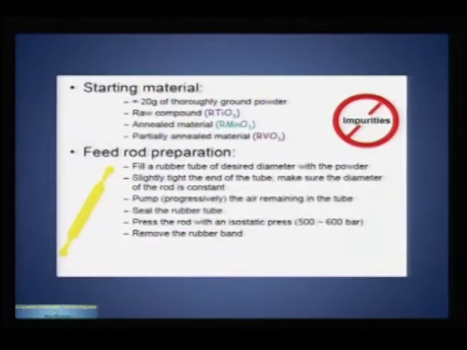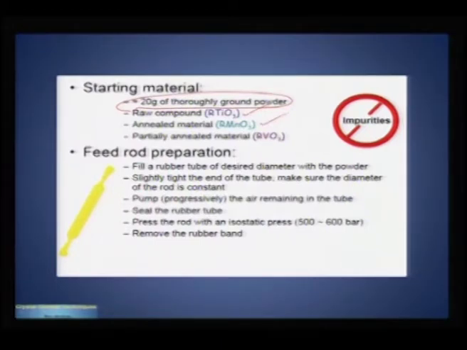How do we go about this floating zone? Simply, we can start with an example. Roughly what you would need is about 20 gram of a powder. If it is a titanate, you do not have to worry about it, you can take the raw powder as it is.